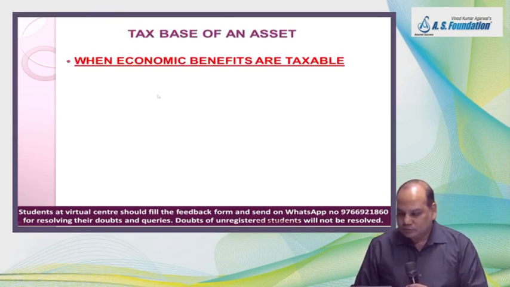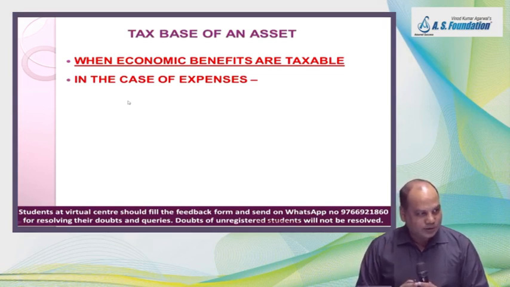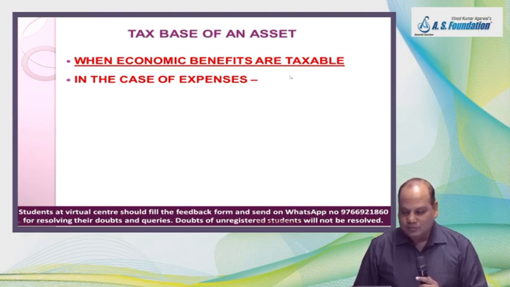Okay. First is when economic benefits are taxable related to asset. Under scenario 1, economic benefits are taxable, which means whenever you recover the carrying amount of this asset in future, this event will have a tax consequence.